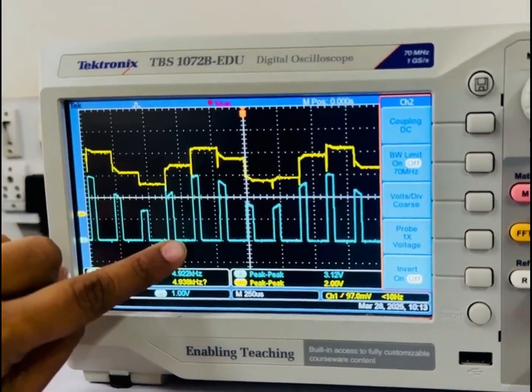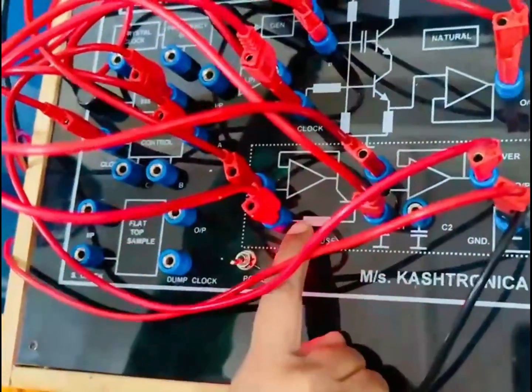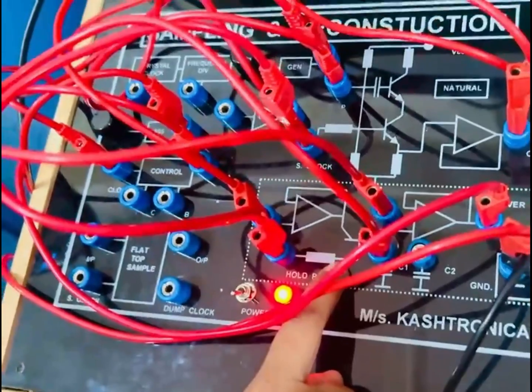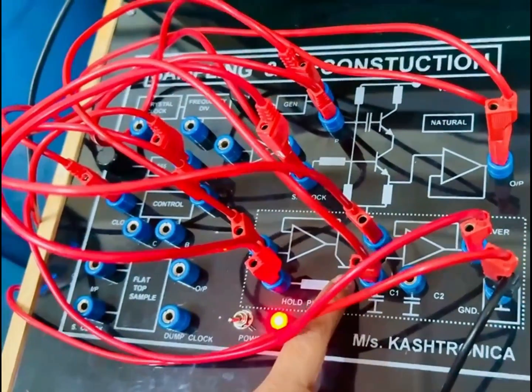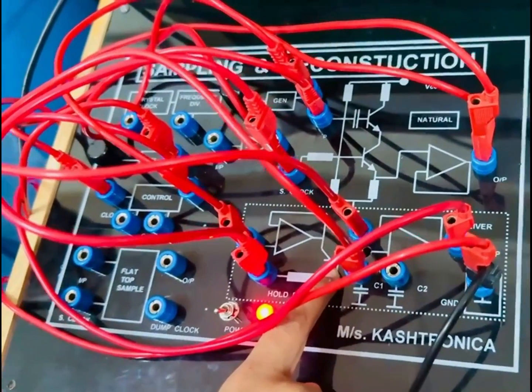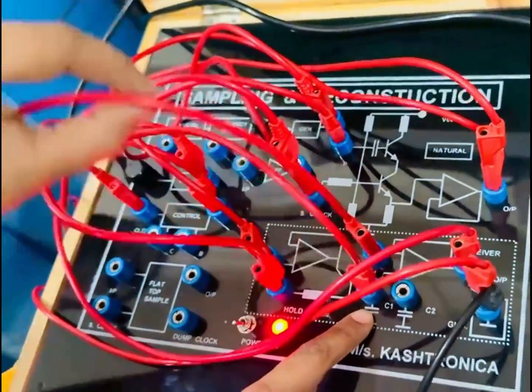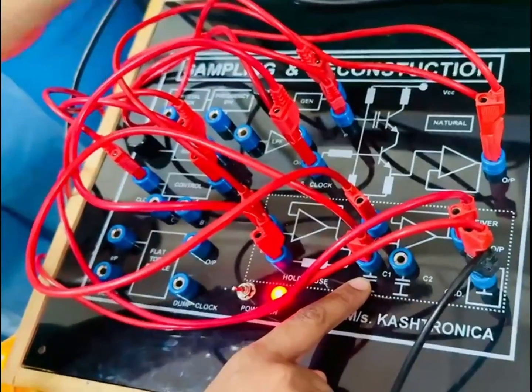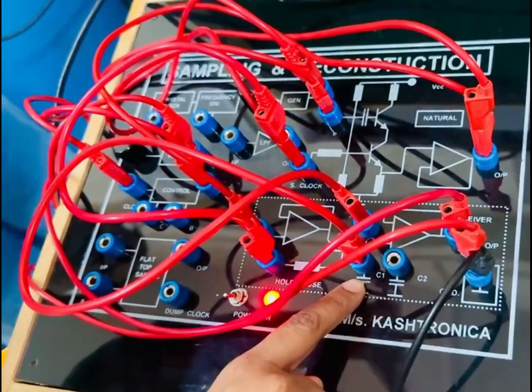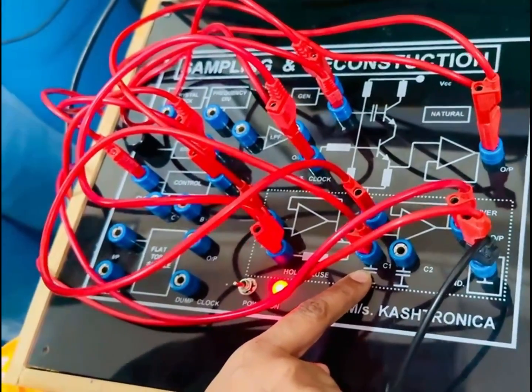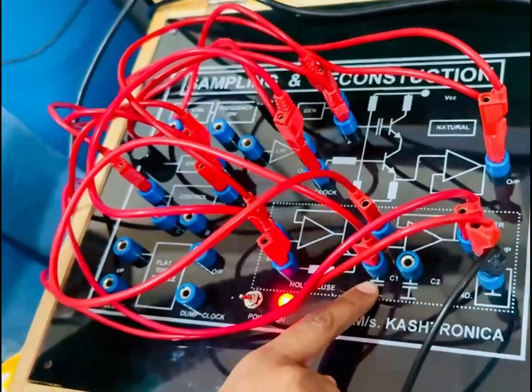So here, in this case, now the hold pulse has become 0 volts. So this transistor is turned off. Now the capacitor does not have any voltage to charge further. So what it will do is it will continue to hold the previously charged voltage till the next sample comes.